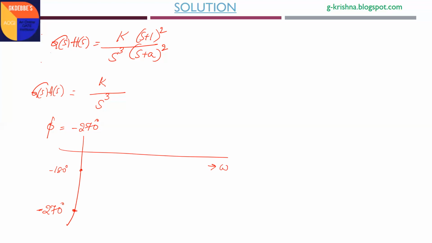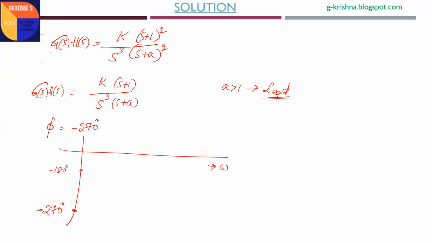By connecting a lag system, the phase starts to decrease. Hence, they have to connect a lead system, (s plus 1) by (s plus a). In a lead system, the zero should be located near the origin and the pole far away from the origin. That means a compulsorily should be greater than 1 for a lead system.